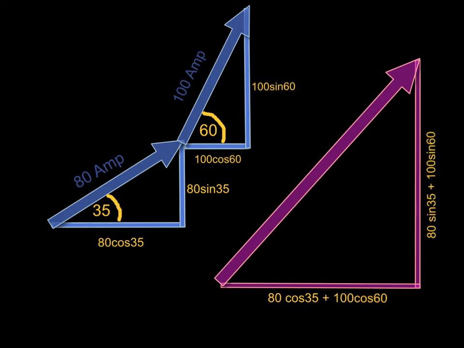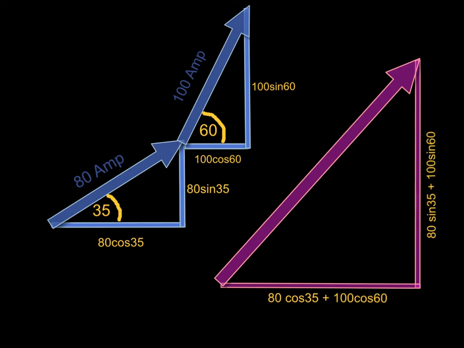Using the trigonometry that we've just reviewed, we can calculate the horizontal component of the 80 amp vector to be 80 cos 35, and the vertical component to be 80 sine 35. For the 100 amp vector, the horizontal component will be 100 cos 60, and the vertical component will be 100 sine 60.